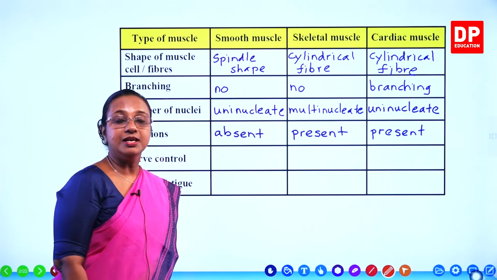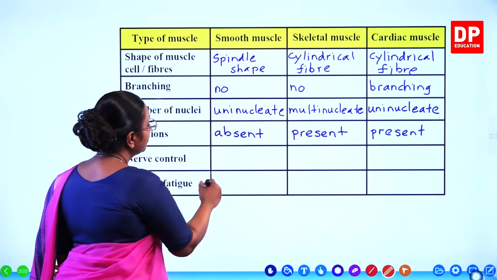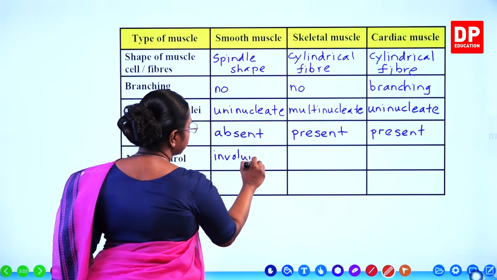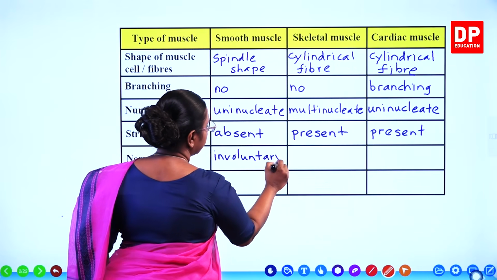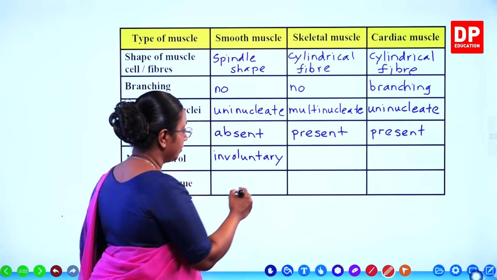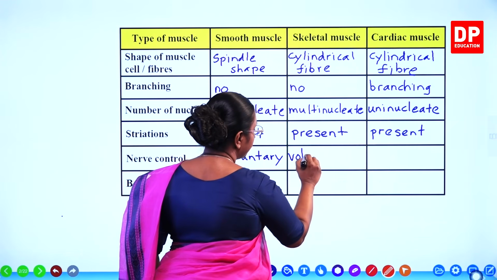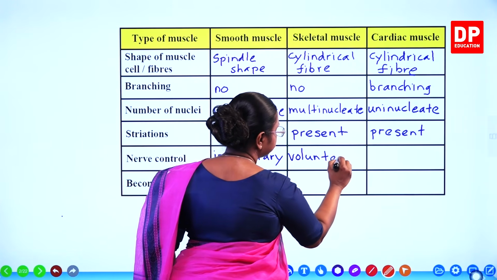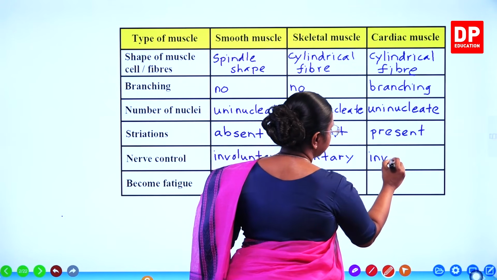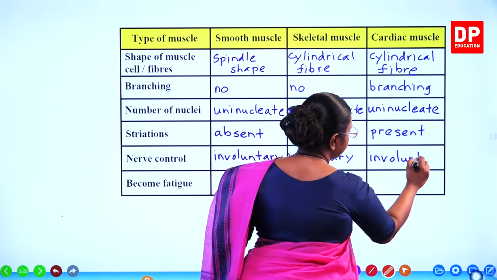If we look at the nerve control, smooth muscle is involuntary. Skeletal muscle with our control. So that means voluntary. Again, cardiac muscle, involuntary.